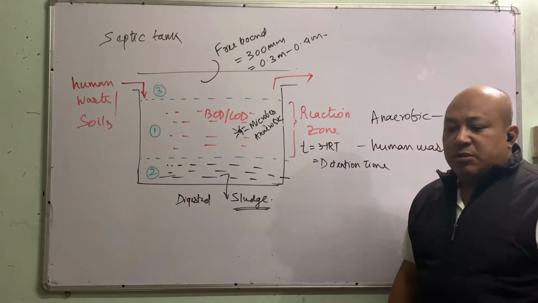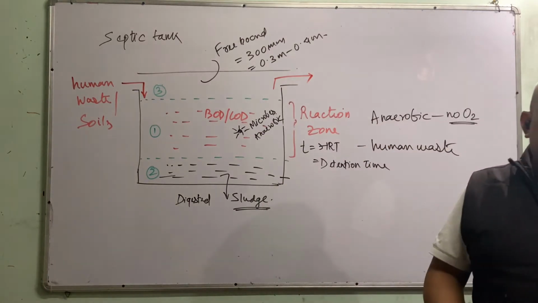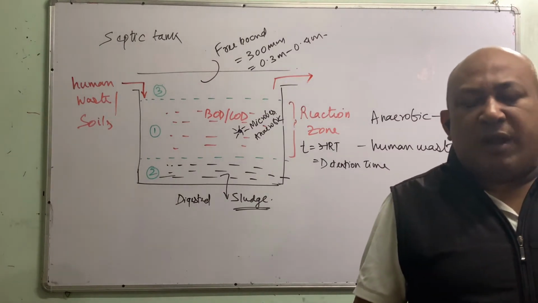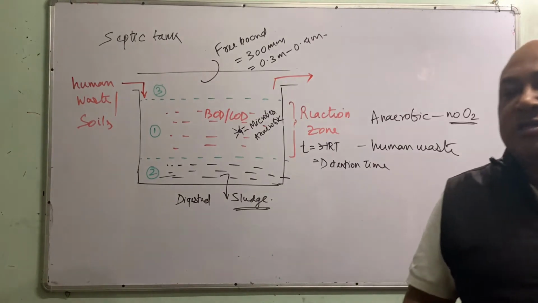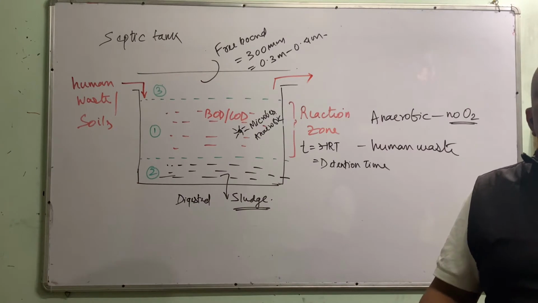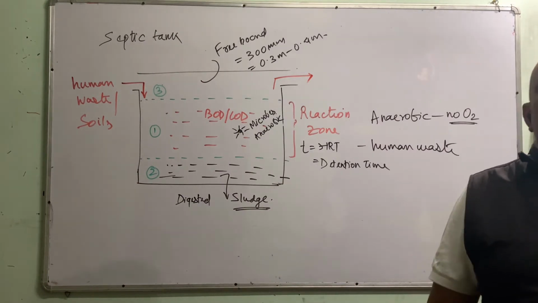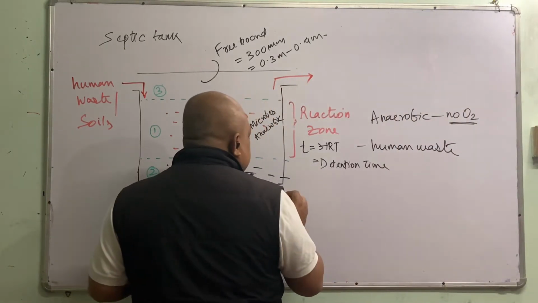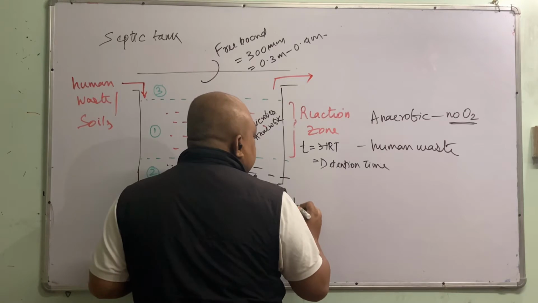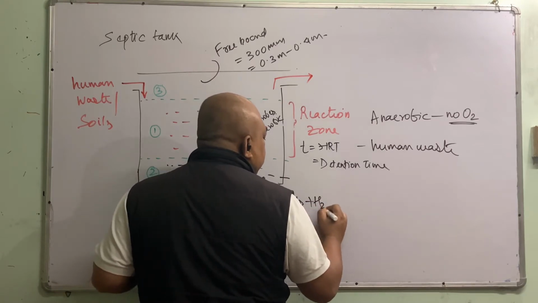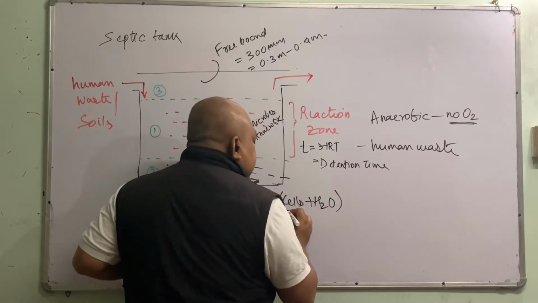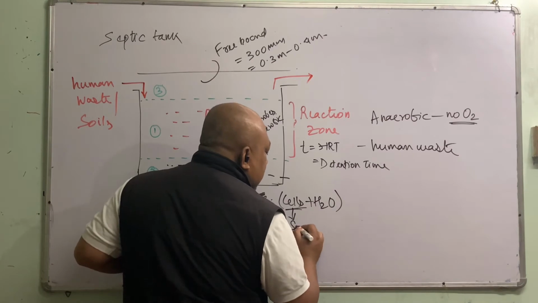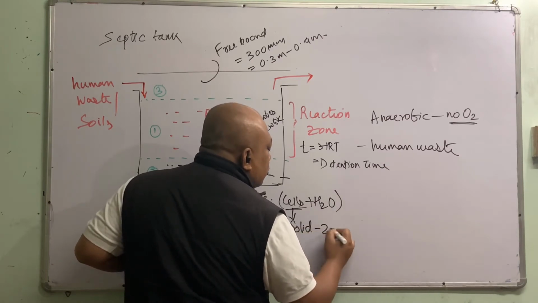This sludge we keep for maybe 1 year, 2 years, or 3 years, but we don't clean it every month. It would create a lot of ruckus in the society with all the smells, right? And this sludge contains cells plus water, and the cell solids will be around 2 to 4%.